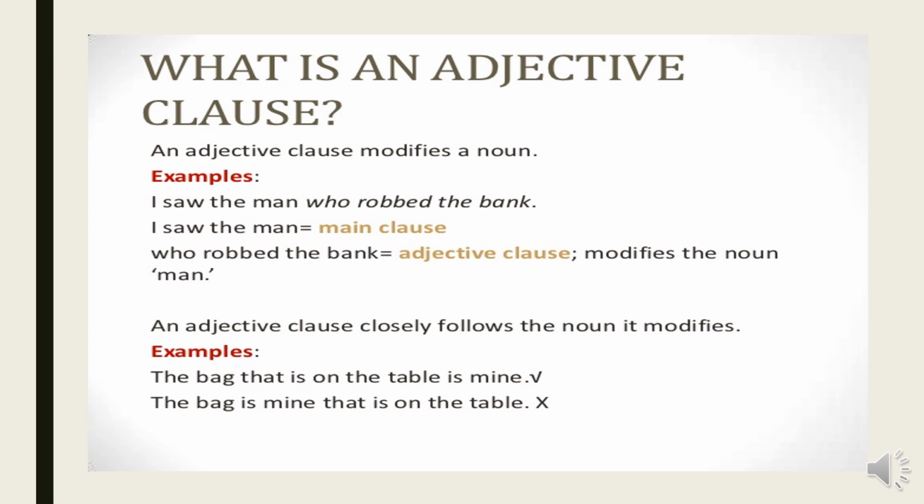An adjective clause closely follows the noun it modifies. Examples: the bag that is on the table is mine. The bag is mine that is on the table is the wrong sentence. The first is the correct, because usually the adjective clause comes after the noun. As you can see here in the example, the bag that is on the table is mine.